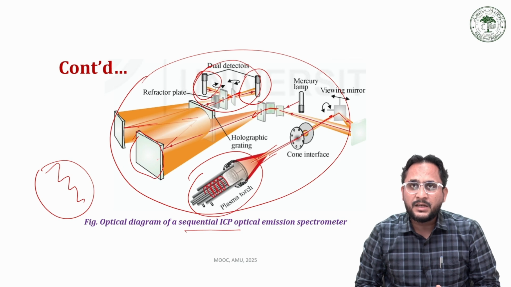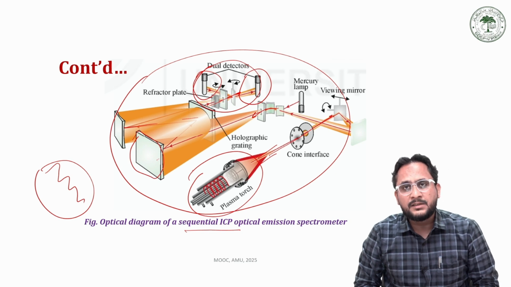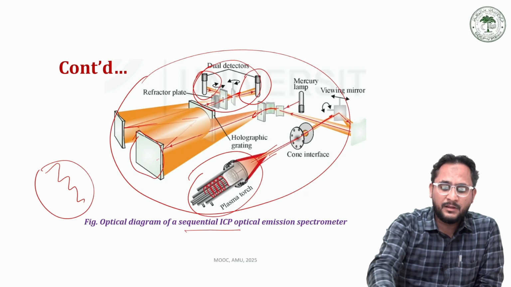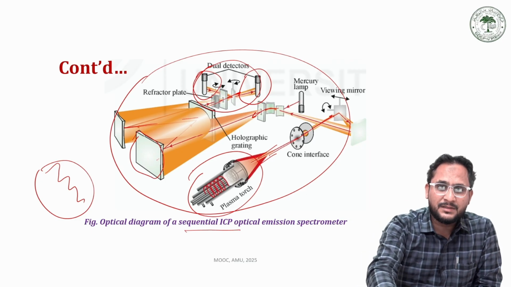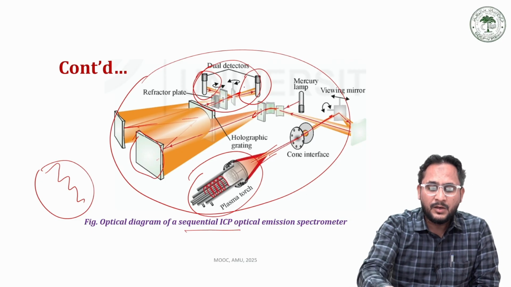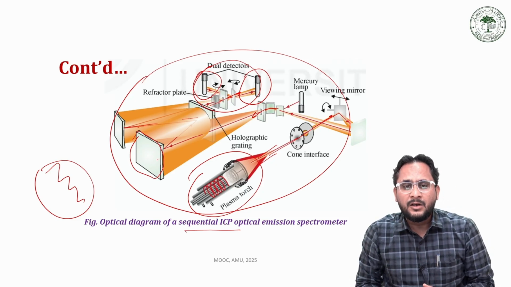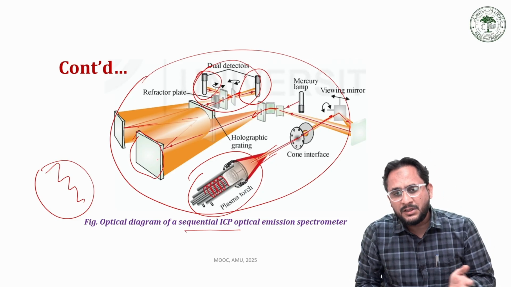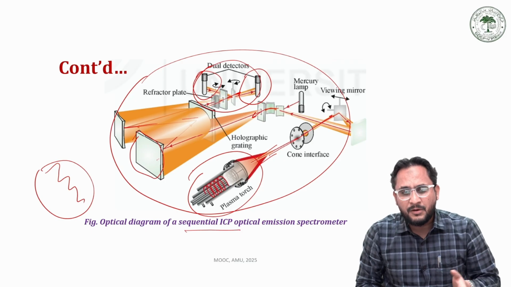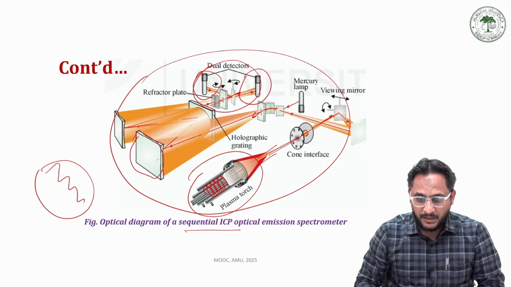This time we move the grating as well as the entrance slit to select some other wavelength corresponding to another element, and finally when that radiation passes through the exit slit and falls upon the detector, we are able to analyze or determine the second element. So in this way we can perform repeated analysis for multiple elements.